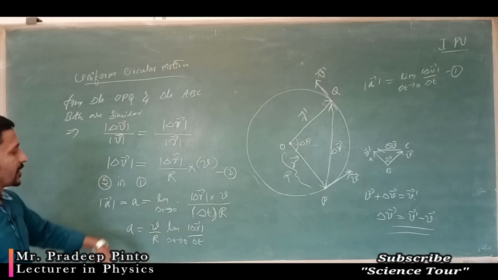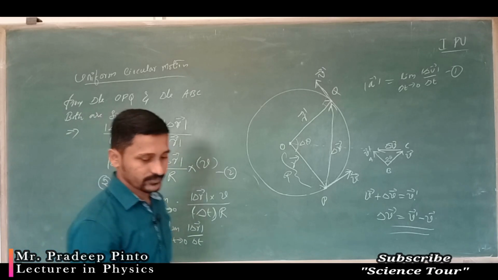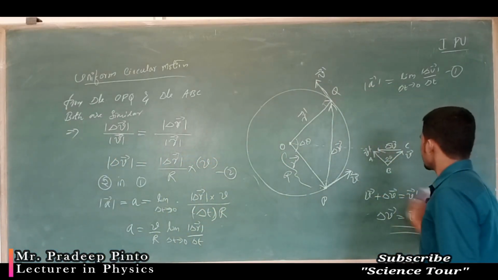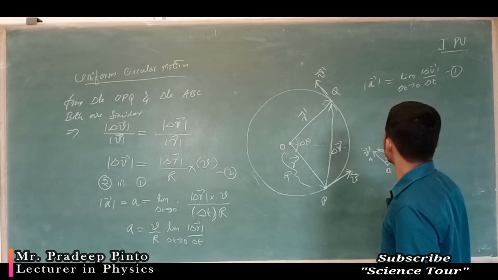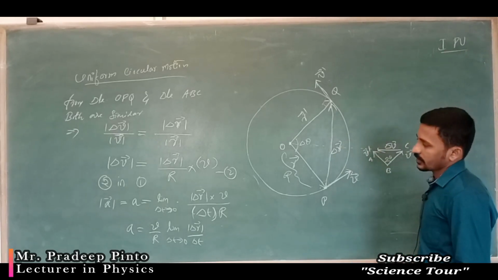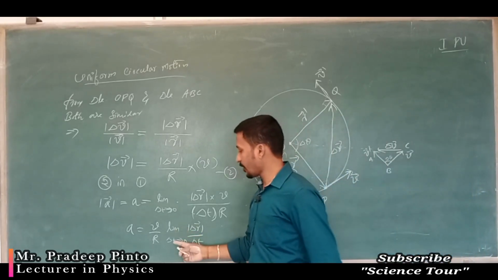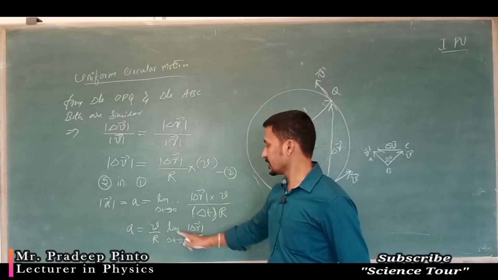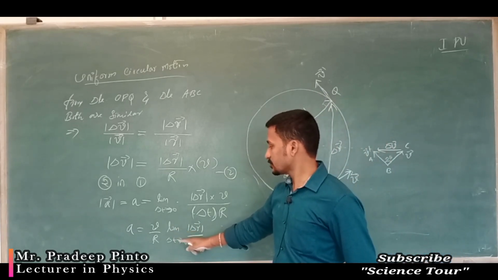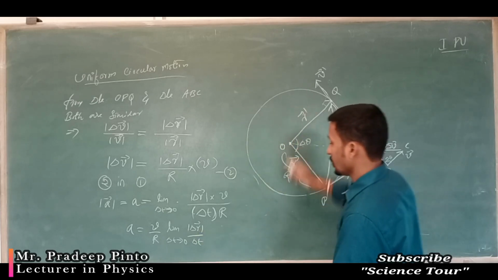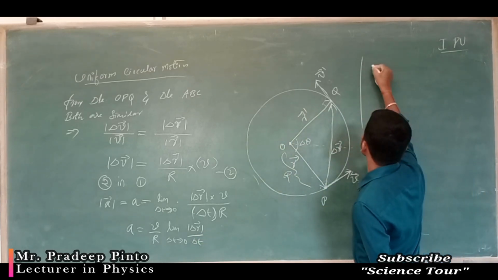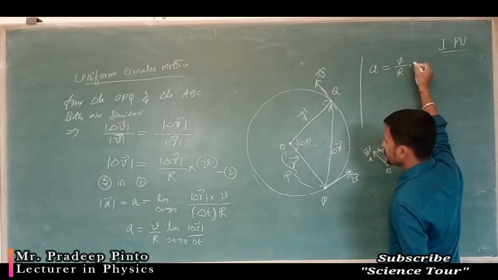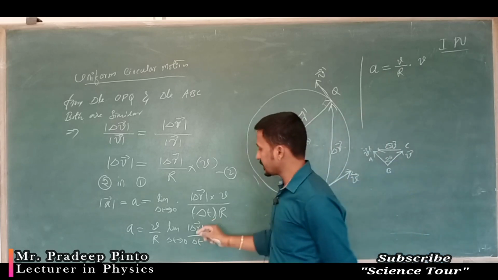Now what do you mean by Δr by Δt? Think. The limit of Δr by Δt as Δt tends to 0 of the average velocity is the instantaneous velocity. So Δr by Δt is nothing but V.